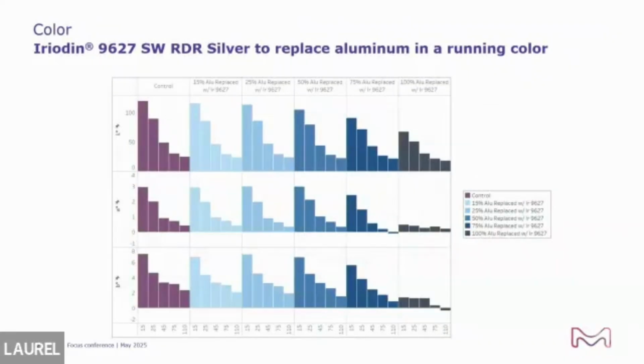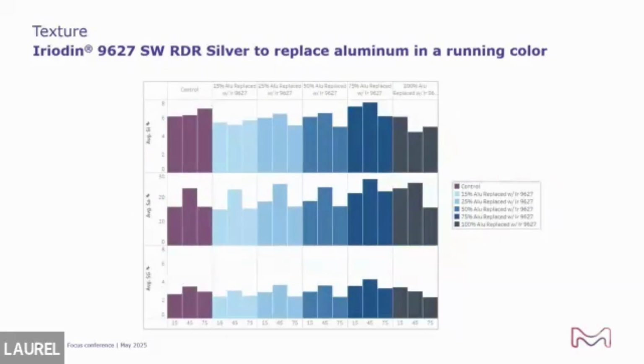They're just a little bit different, unless you 100% replace with the 9627. Here's your texture. That's your sparkle. It also stays more or less the same. Actually, when you replace some of the aluminum with the 9627, your sparkle and sparkle intensity stay quite the same.